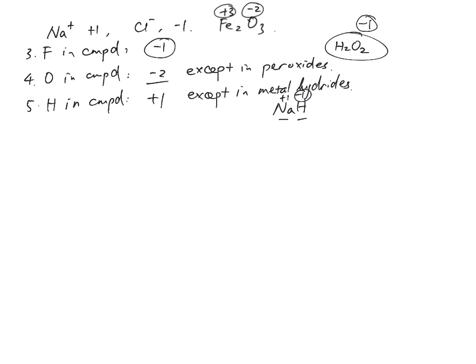All right, and so these are the 5 rules focusing on different elements, what kind of oxidation state they should have. And rule number 6 is a calculation rule, for elements that are not covered in the first 5 rules. You could use the calculation rule to figure out what oxidation number a certain element has.